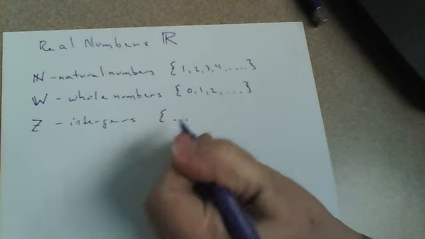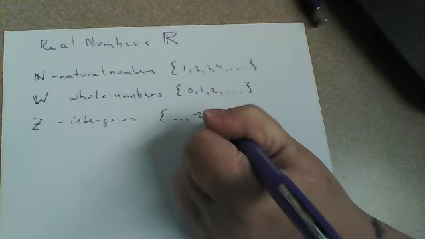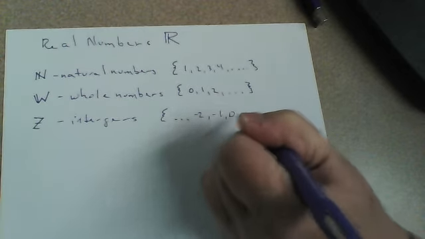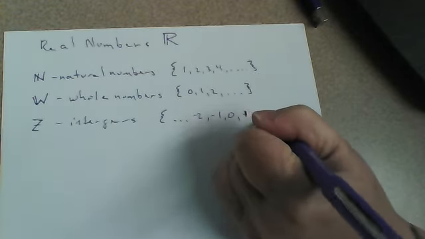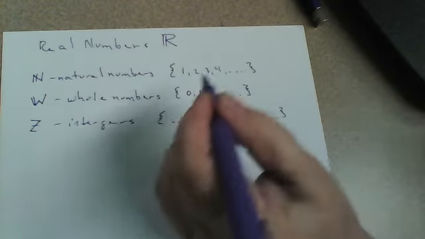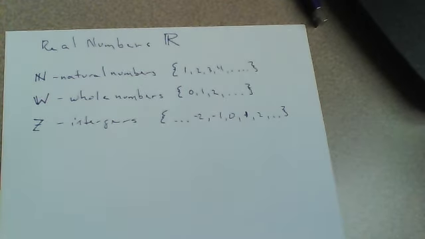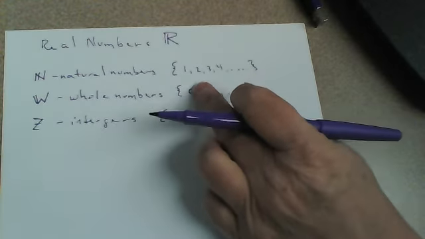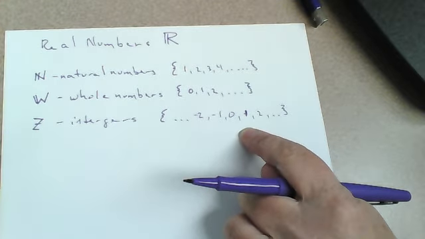So they'll go from negative infinity all the way up to positive infinity, forever in both directions. These only move to the right on a number line, but the integers move to the right and left of 0 on a number line. But this fits into this, and both of these fit into here, right?